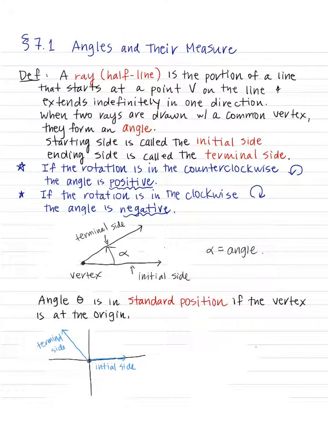If I measure an angle from the initial side to the terminal side, let's just call that angle theta. Now in this case, starting from the initial side to the terminal side, you're going to have to move counterclockwise. So in this case, our theta is positive. And furthermore, theta lies in quadrant 2.